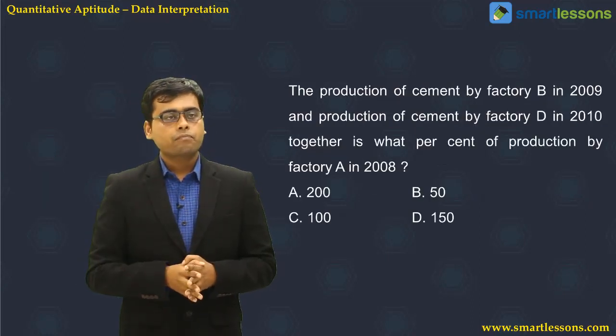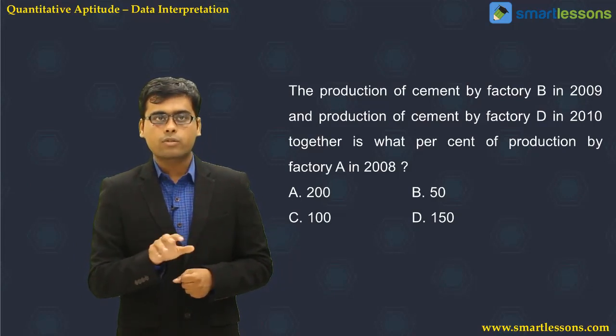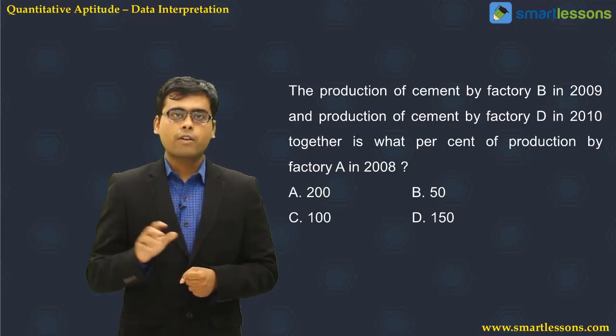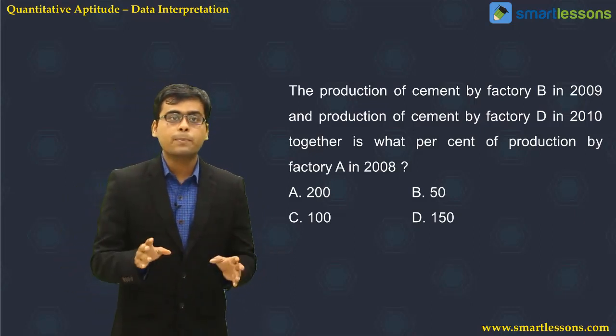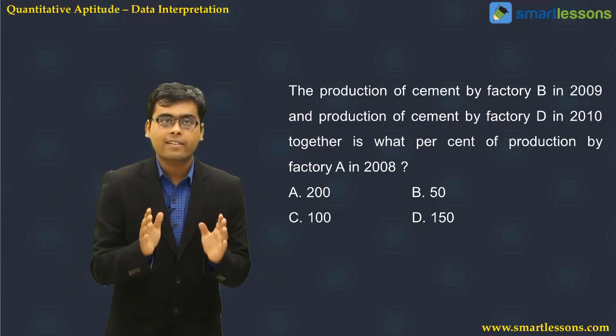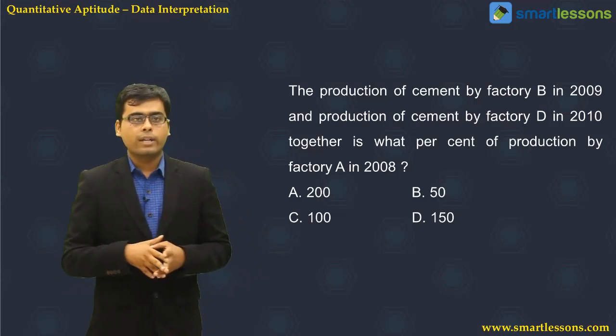Next question. The production of cement by factory B in 2009 and production of cement by factory D in 2010 together is what percent of production by factory A in 2008? So let us calculate.